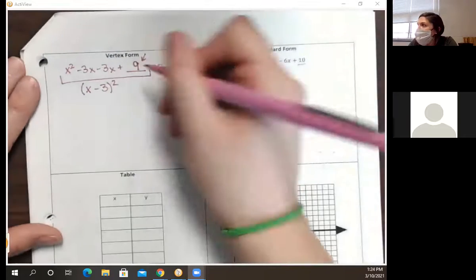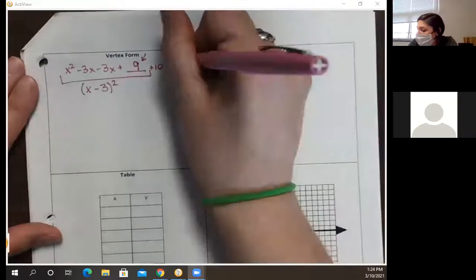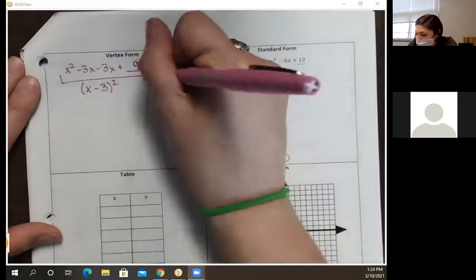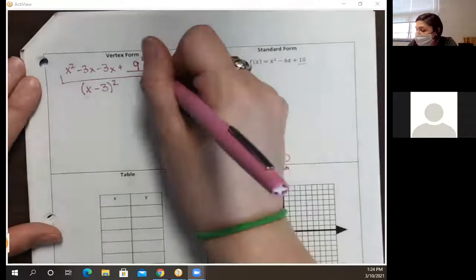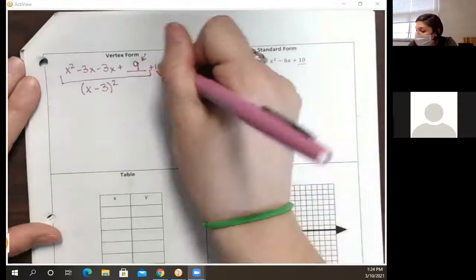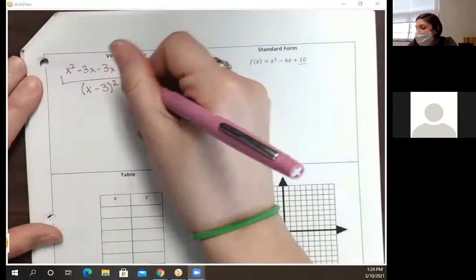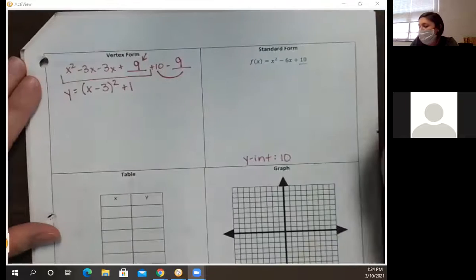Now, if I just add 9, again, we talked about this last time, if I just add 9, I change the problem, which is why we also subtract 9 off at the end. And then when I combine these last two constant terms, 10 minus 9, right? I get positive 1. That gives me my y coordinate for my vertex. So there's my vertex form.